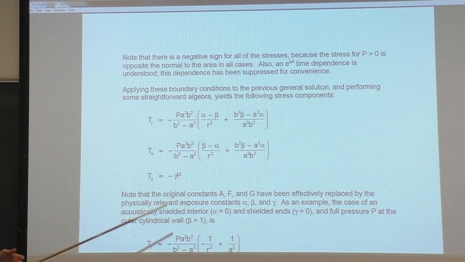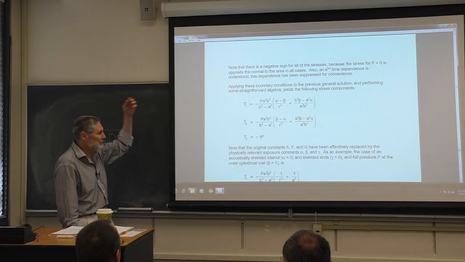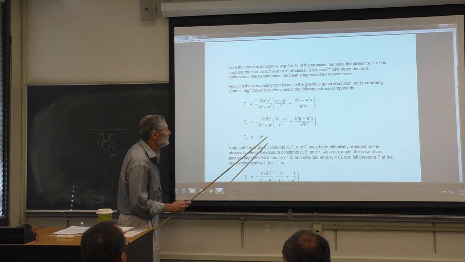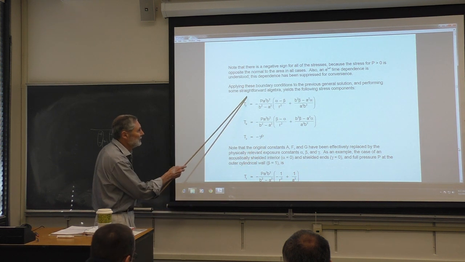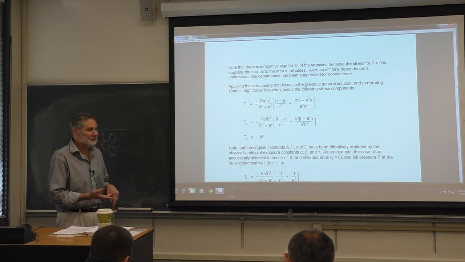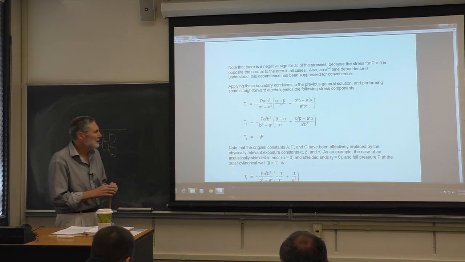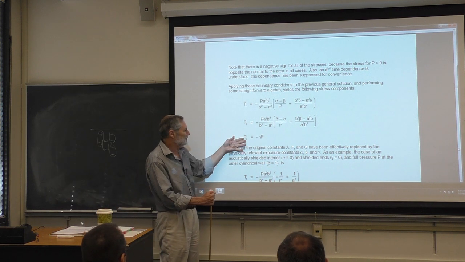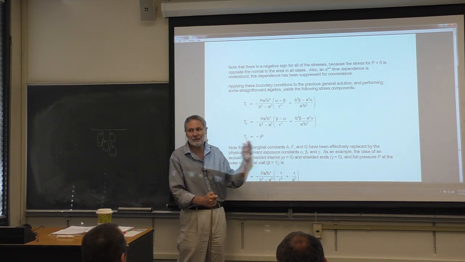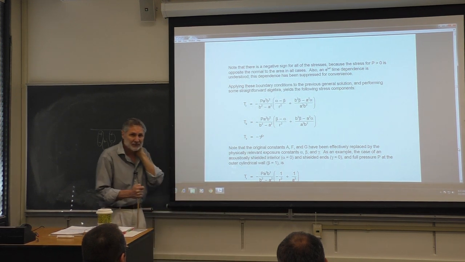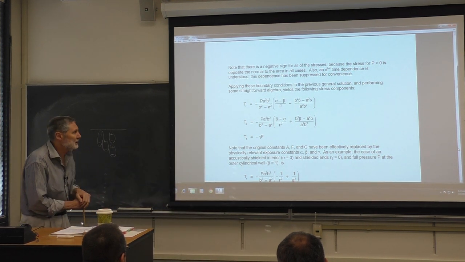So when you apply the boundary conditions at the bottom of that previous page, you essentially get rid of A, F, and G in terms of alpha, beta, and gamma, and here they are. Now this is complicated, but it only needs to be done once. See, once you've done it, then you just put in the alpha, beta, and gamma of what you have. And it's very general. These alpha, betas, gammas, there's a wide range of possibilities there.